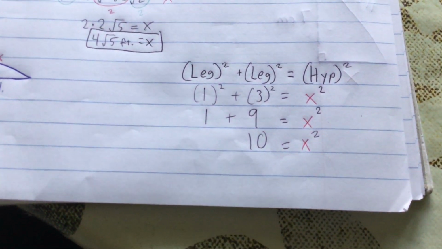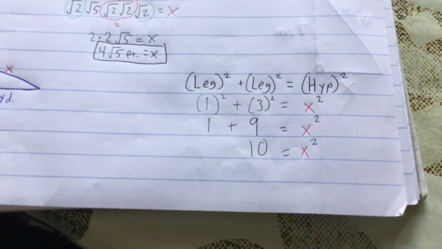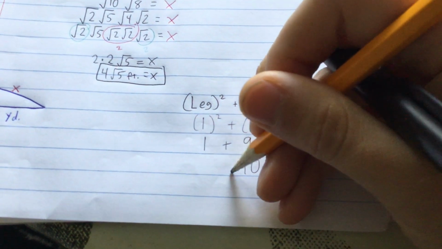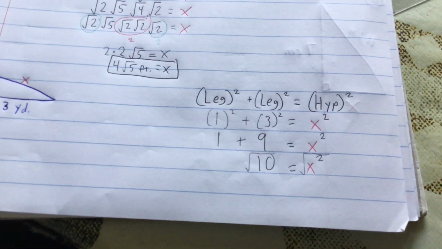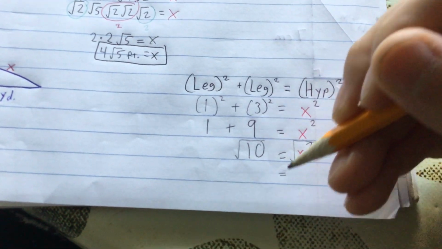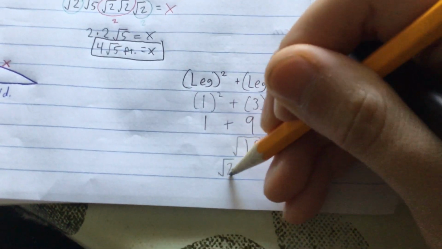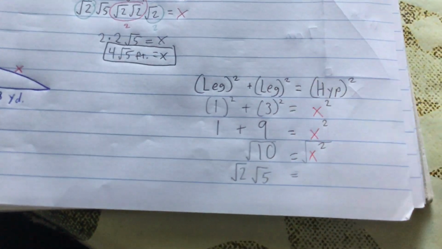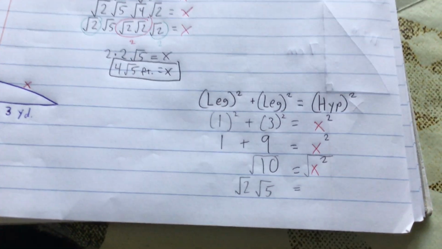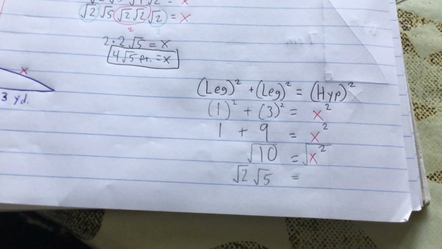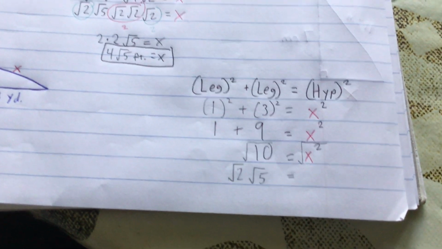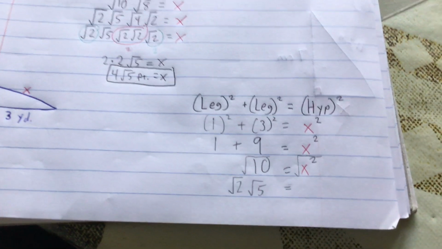How do I undo the layers? I'm running out of space, so I'm going to do the square root right there. So x is equal to the square root of 10. And I can break this up into radical 2, radical 5. That's all I can do. So if I can't circle out a pair of twins and factor them out, I just leave it as radical 10.